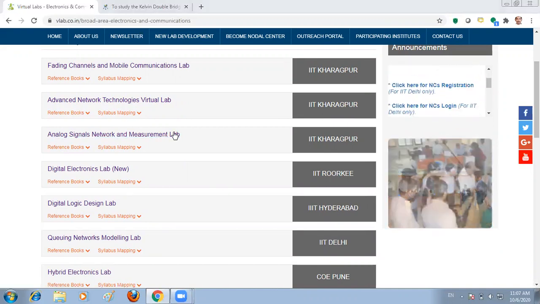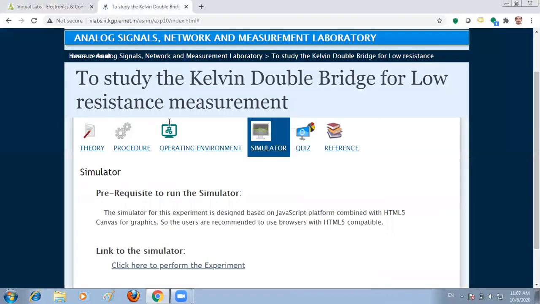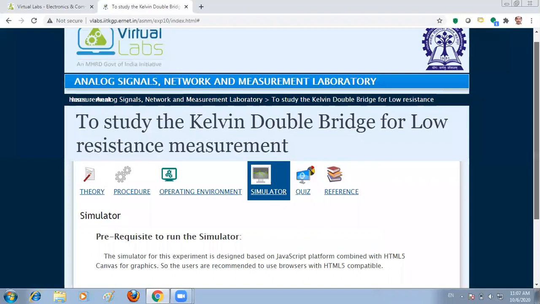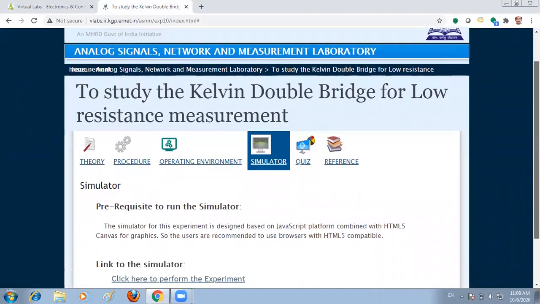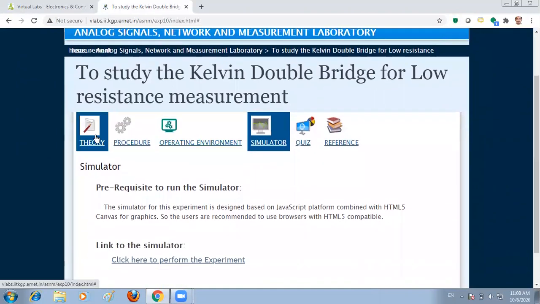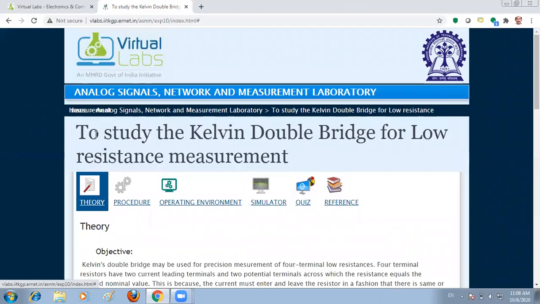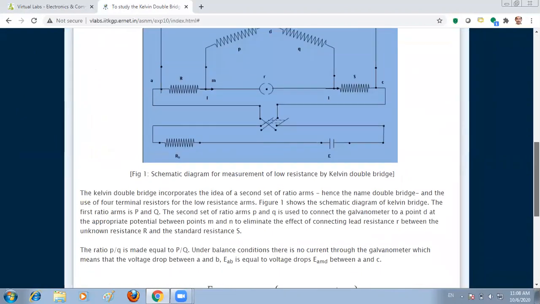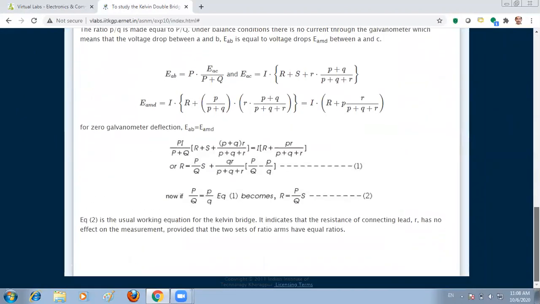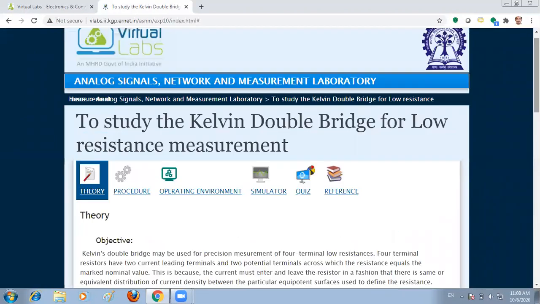In that, you will see the list of experiments. In this experiment, the theory is given, that is objective, circuit diagram, and related equations.